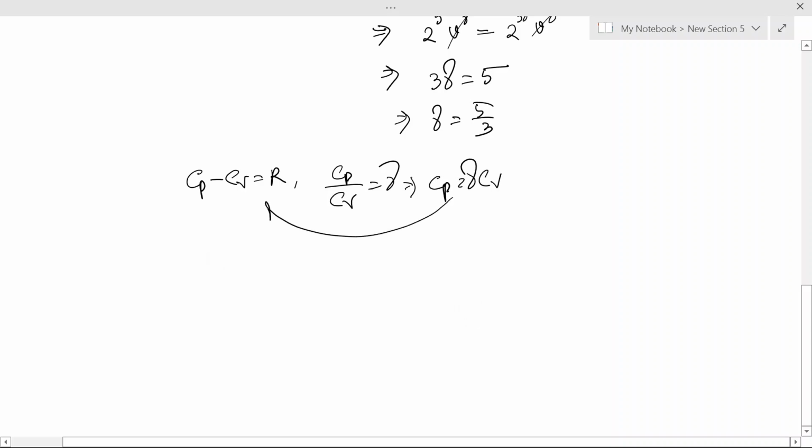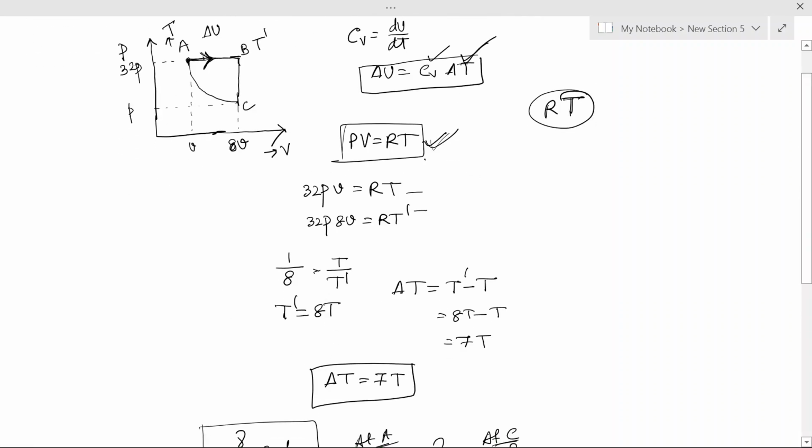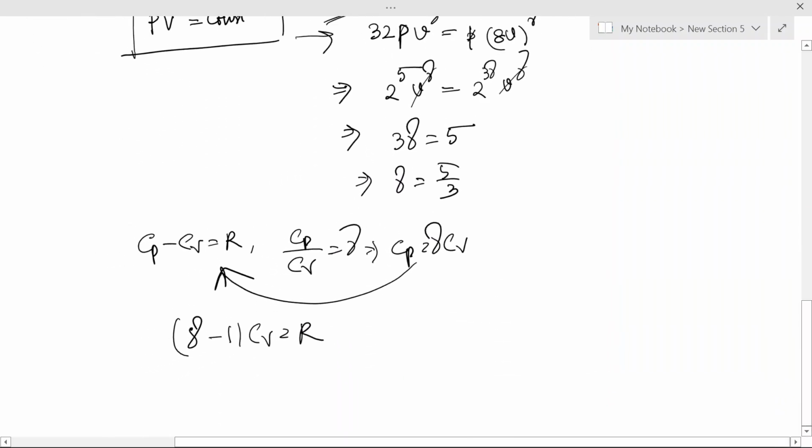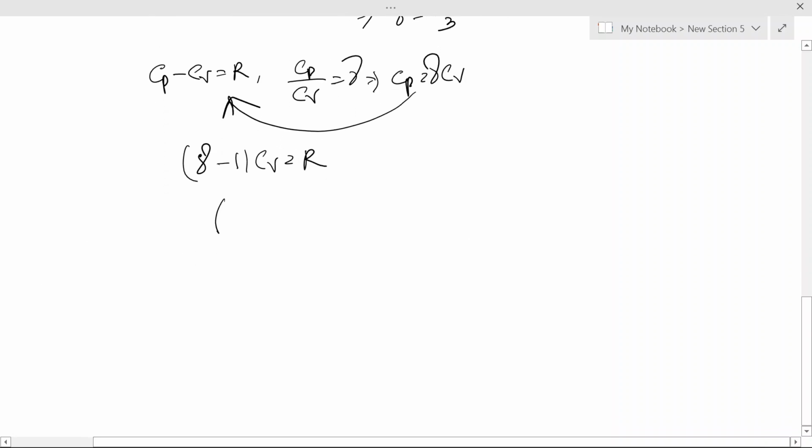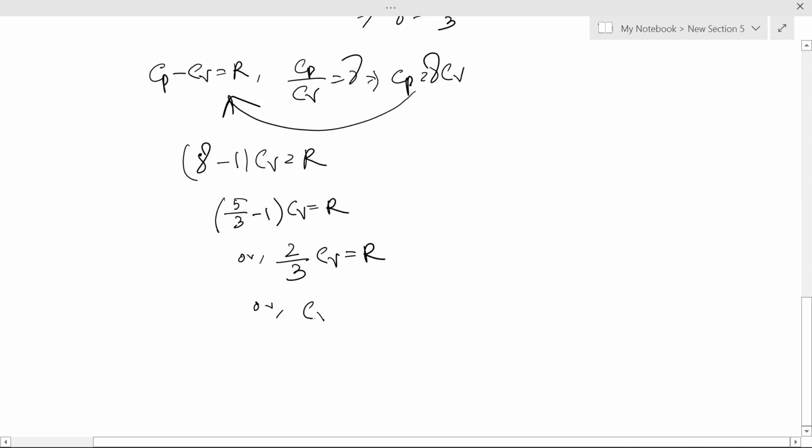So putting this here, you get (gamma minus 1) Cv is equal to R, and so what I get now is (5 by 3 minus 1) into Cv is equal to R. So 2 by 3 Cv is equal to R, or Cv is equal to 3 by 2 R. Okay, this is our Cv.